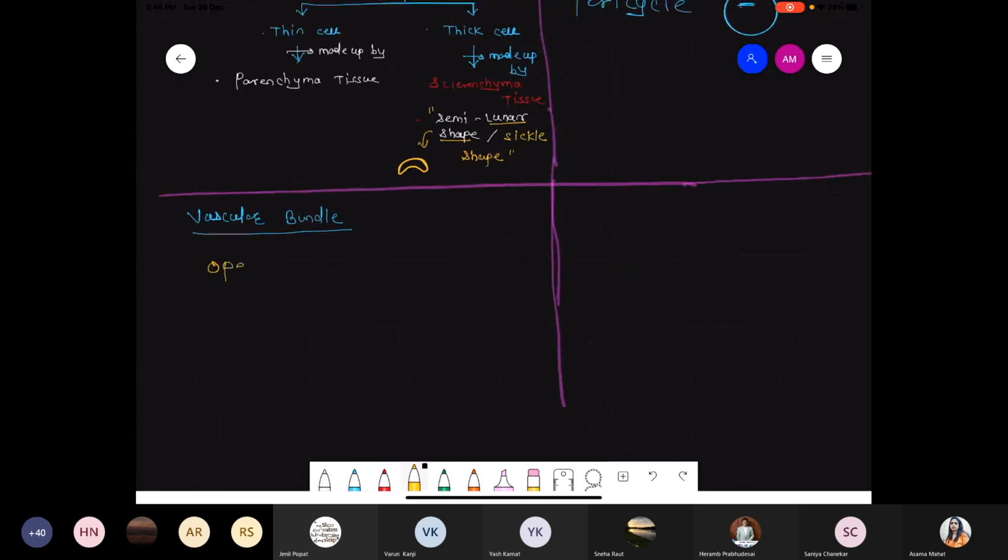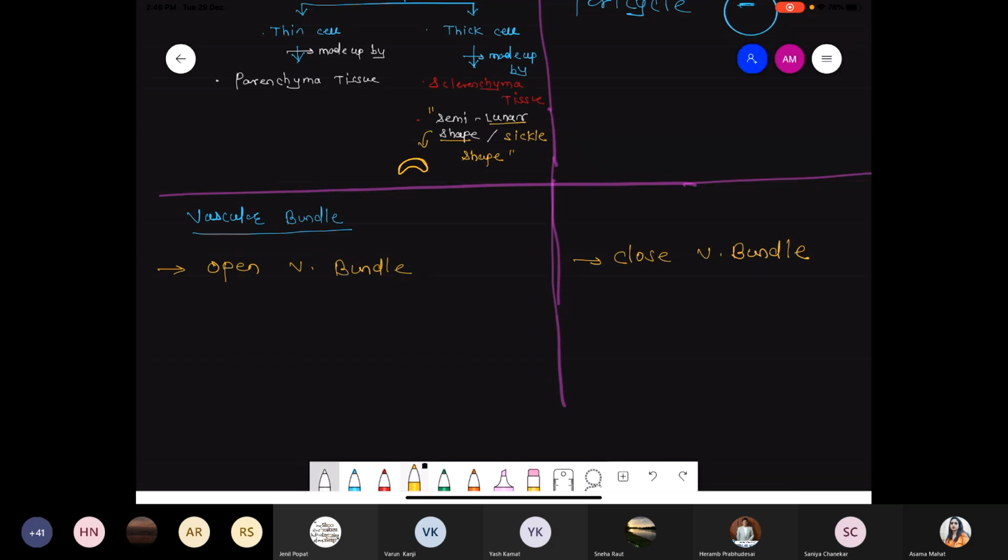So in case of dicot, there is a presence of the open vascular bundle, while in case of the monocot, there is a presence of the closed vascular bundle, because in case of open, cambium is present, and in case of closed, cambium is absent. So that's why open vascular bundle in case of dicot and closed vascular bundle in case of monocot.